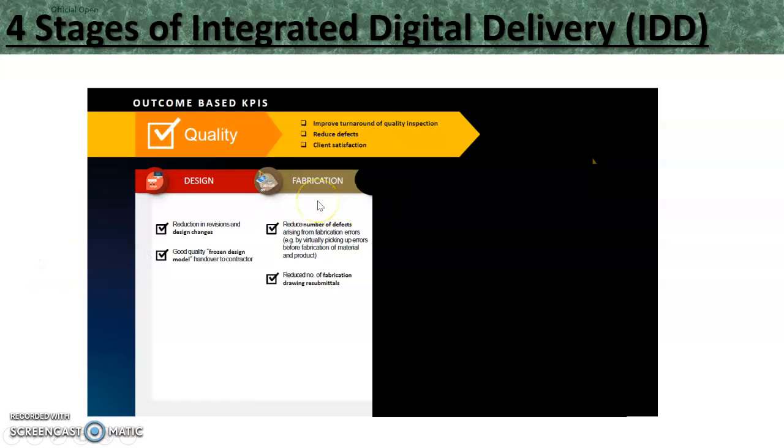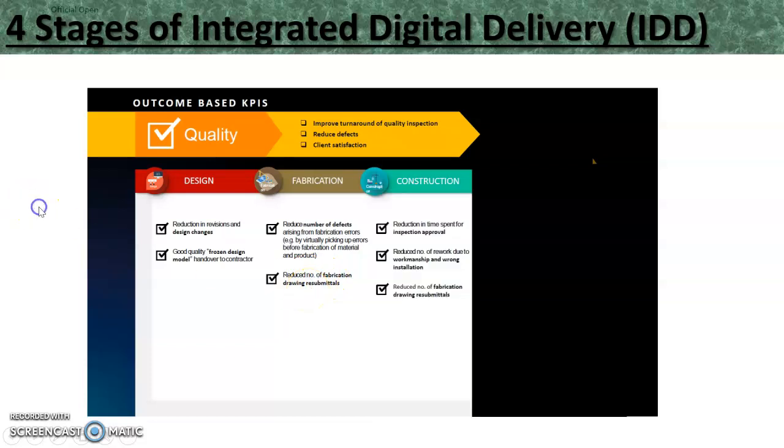The fabrication team can say that they want to reduce the number of defects arising from fabrication errors. They want to reduce the number of fabrication drawings resubmissions. The construction team can say that they plan to have a reduction in the time span for inspection approval. They want to have a reduced number of rework due to workmanship and wrong installation.